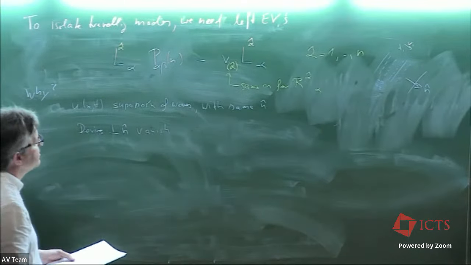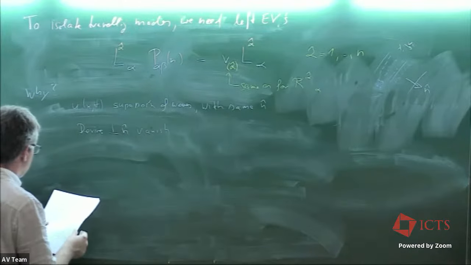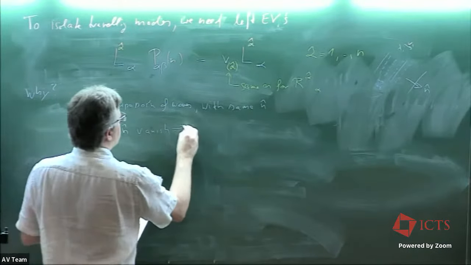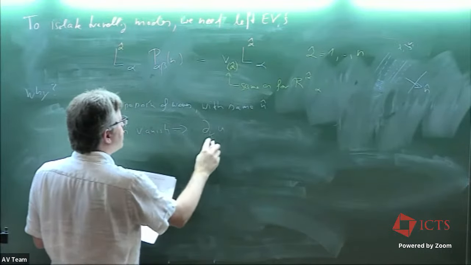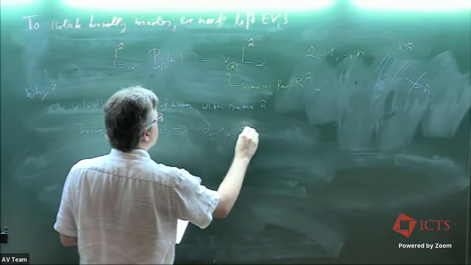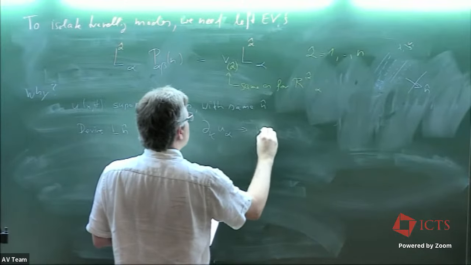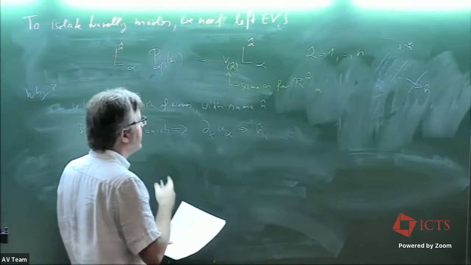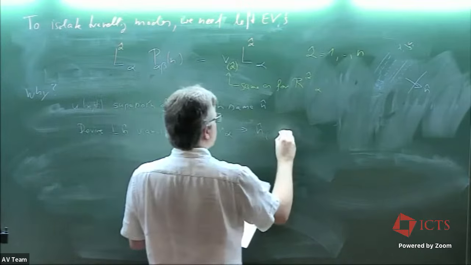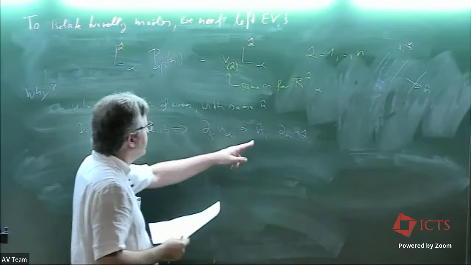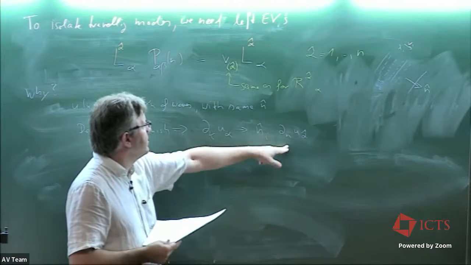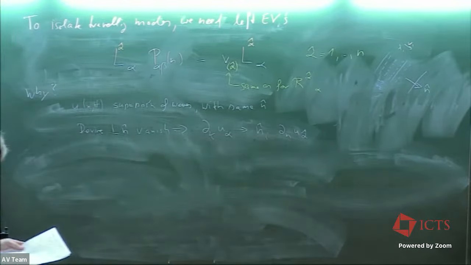And what this now means is that the derivatives of u alpha turn into only derivatives in the n direction. So it's n hat times the derivative in the n direction of u alpha.